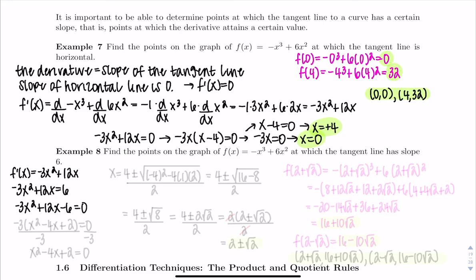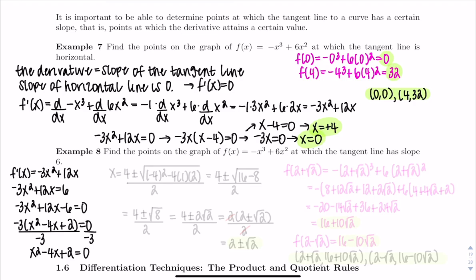Well, my GCF, we can pull out a negative 3. We're left with x squared minus 4x plus 2. We can divide both sides by negative 3. So we get x squared minus 4x plus 2 equals 0.